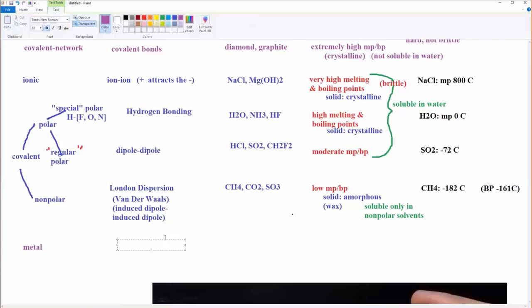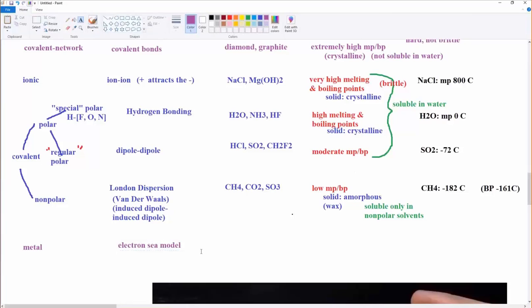It's held together by what we call the electron sea model. Metals have low electron affinity and low ionization energy, so their electrons kind of go out to play. The atoms don't really care which electrons belong to whom. So you have nucleus, nucleus, nucleus, and the electrons live in a sea of electrons, and they flow.